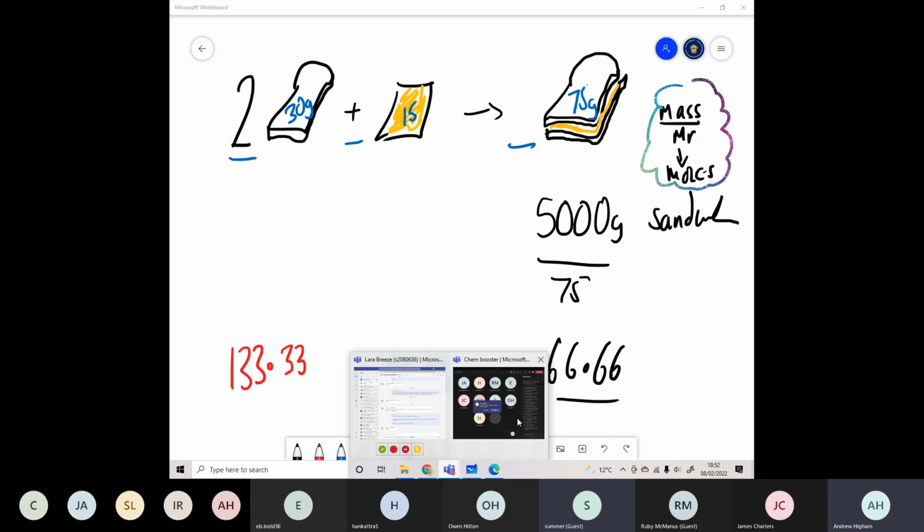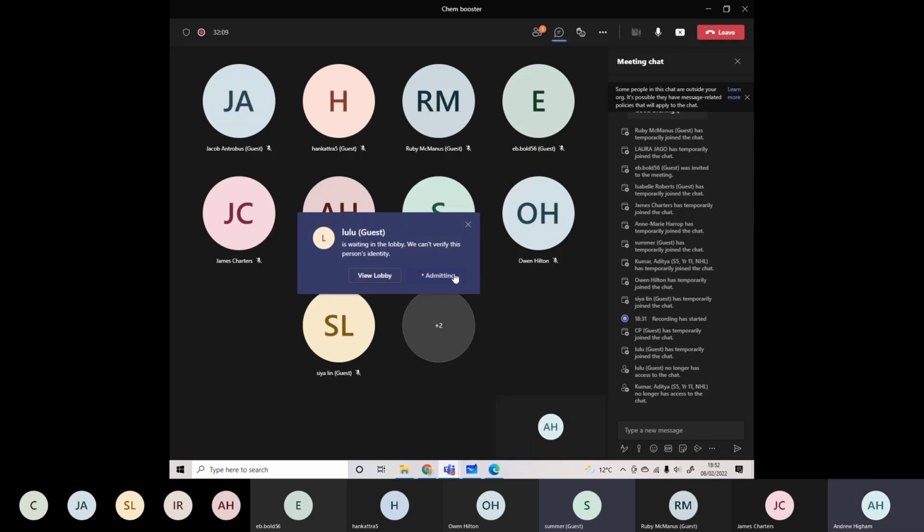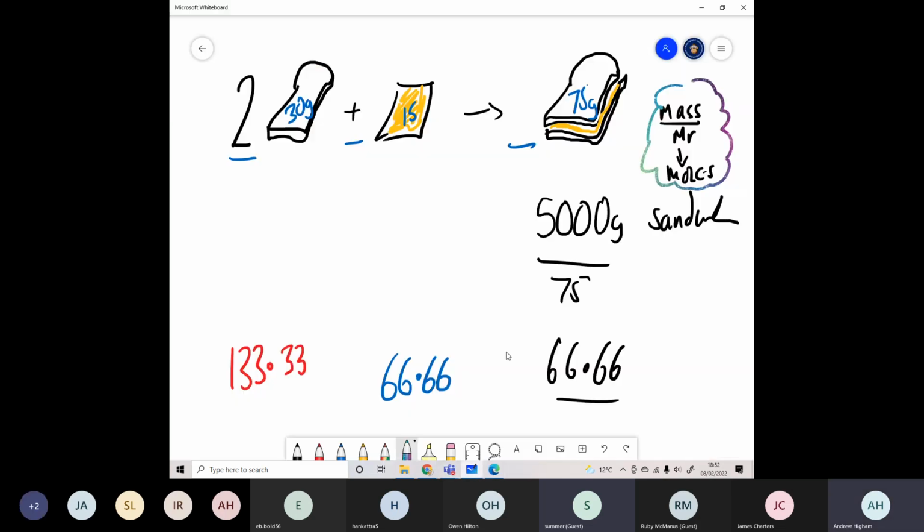Mass divided by moles would give MR. But if we go the other way, moles times MR will give us the mass. So going down this side, mass divided by MR would give us moles. If we go up the other way, moles times MR will give us the mass.